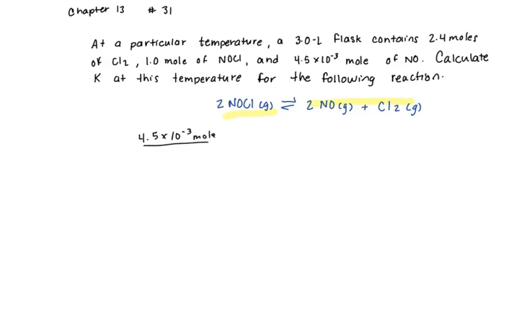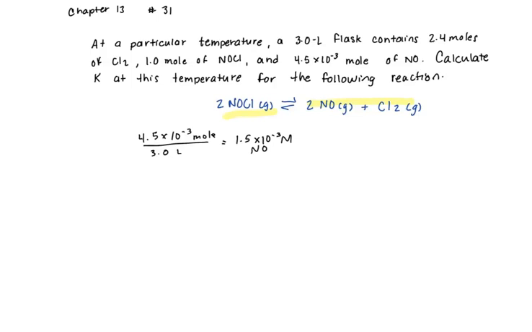And what is our liters for NO? 3-liter flask, so we have 3.0 liters. And that's convenient because we already have moles per liter, and that's always going to equal our molarity. So if we put that into a calculator, taking into account two significant figures, we have 1.5 times 10 to the negative 3. And this is the molarity of NO.